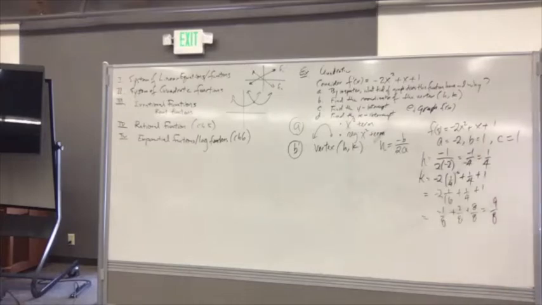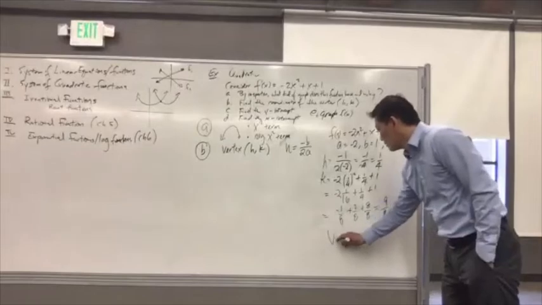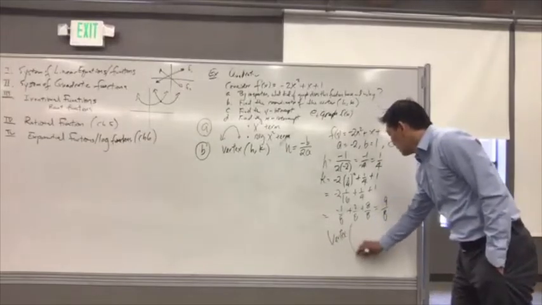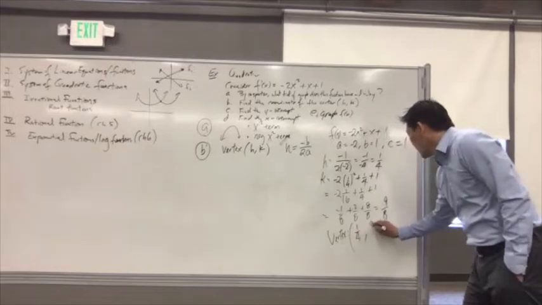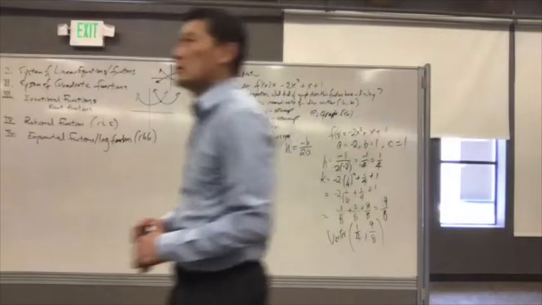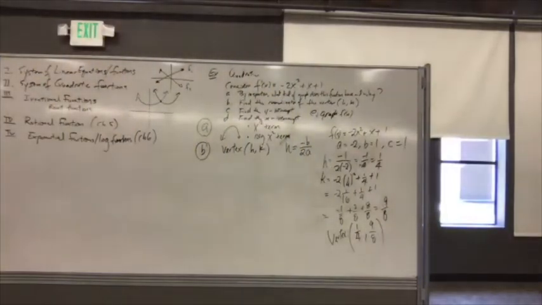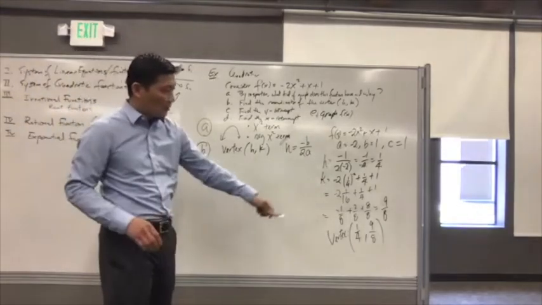So your vertex is at 1/4 and 9/8. So that's really simple. So at least we know that.